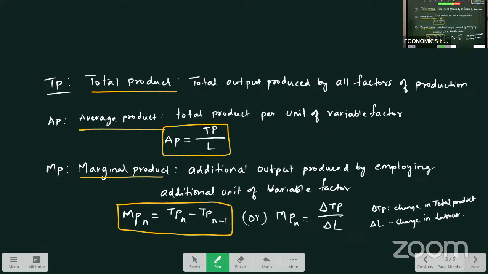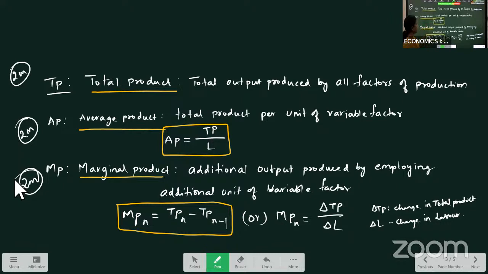Total is what? It is the total output produced by all factors of production. Average product, it is the total product per unit of variable factor, AP equal to TP by L. These questions, you may get it for 2 marks. Remember that one. Okay, so you have to write down the meaning and you have to give the formula, compulsory.